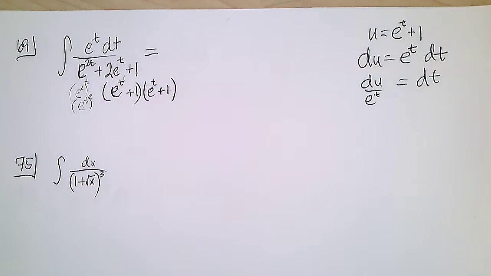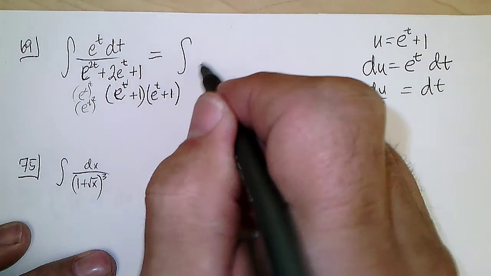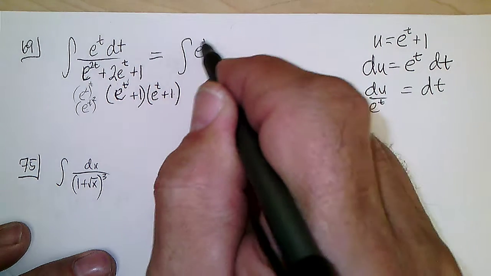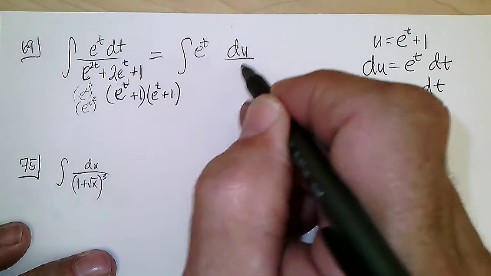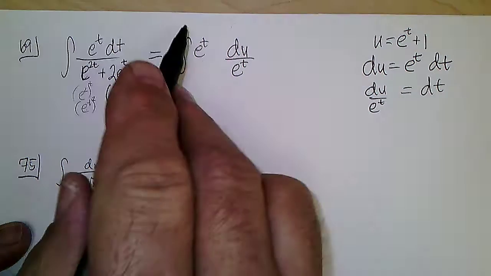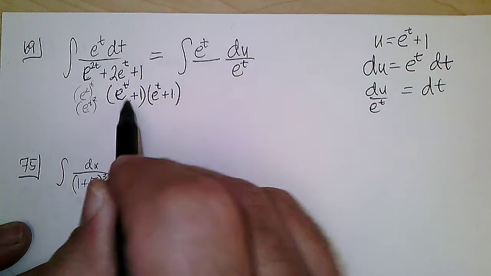So this integral becomes the integral, I'll leave the e to the t there momentarily, dt is du over e to the t. That's going to cancel those. And down here, this is u squared.